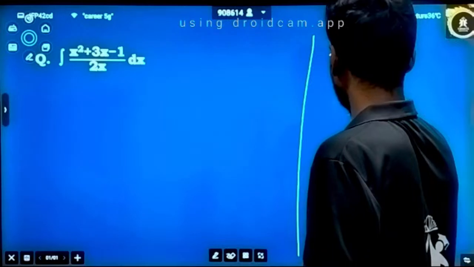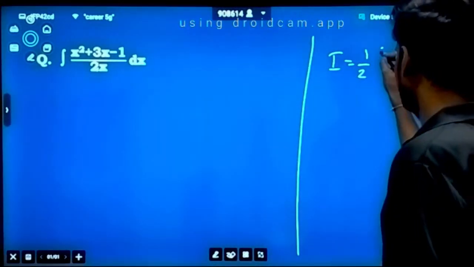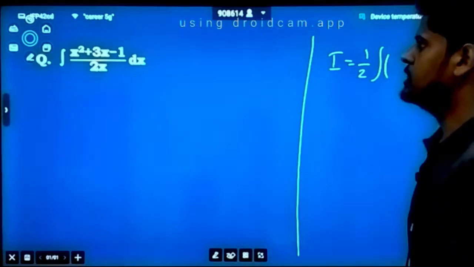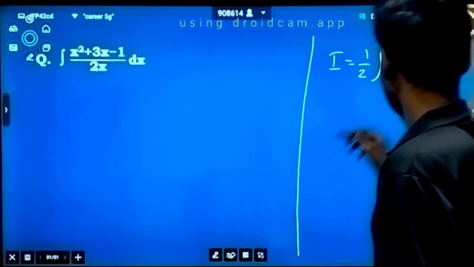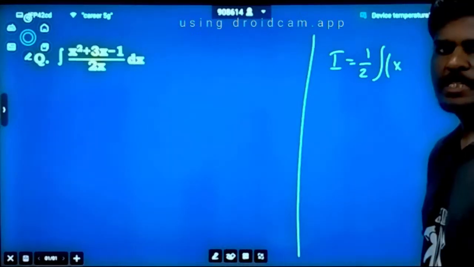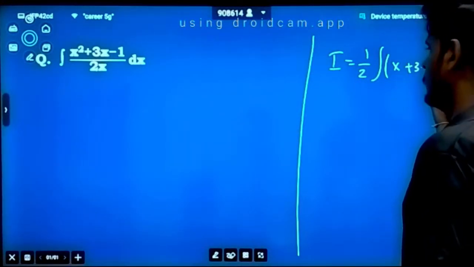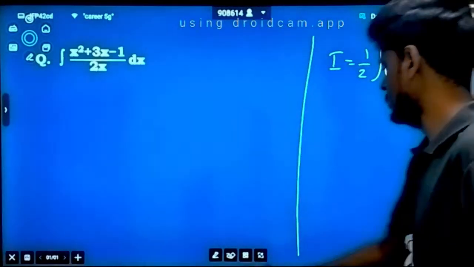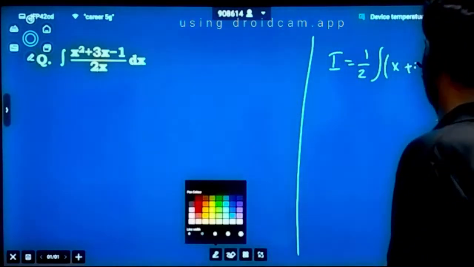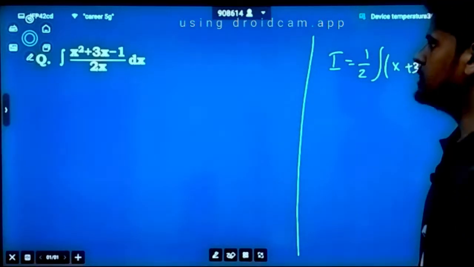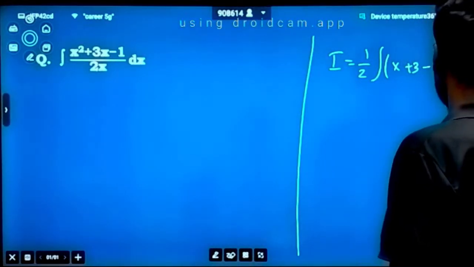Let's take this as I, that is equal to 1 by 2 of integral of, inside what we will get, students? 2 is outside, x square by x, divide each one. X square by x is x, then 3x by x, that will be 3, minus 1 by x, dx.